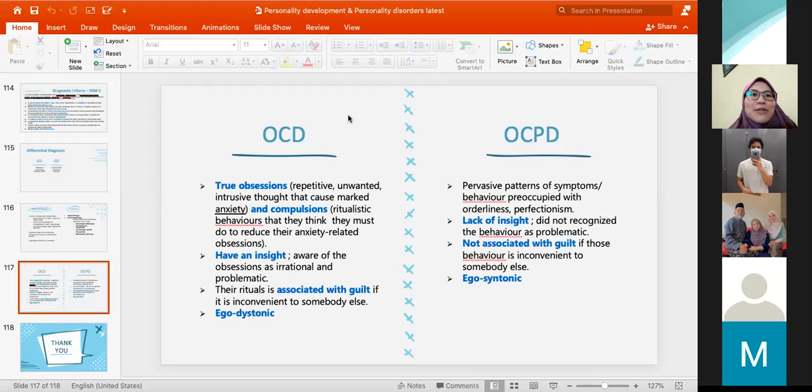But it's not as easy lah with a disorder. Personality disorder is not easy to treat. It takes long, and a lot of skills are involved.